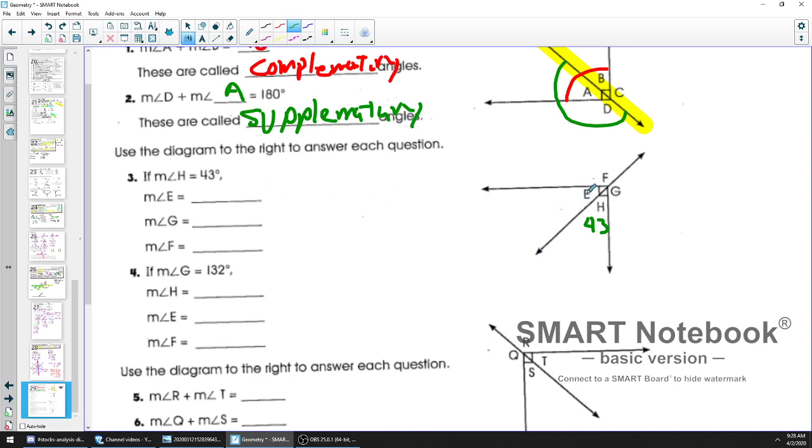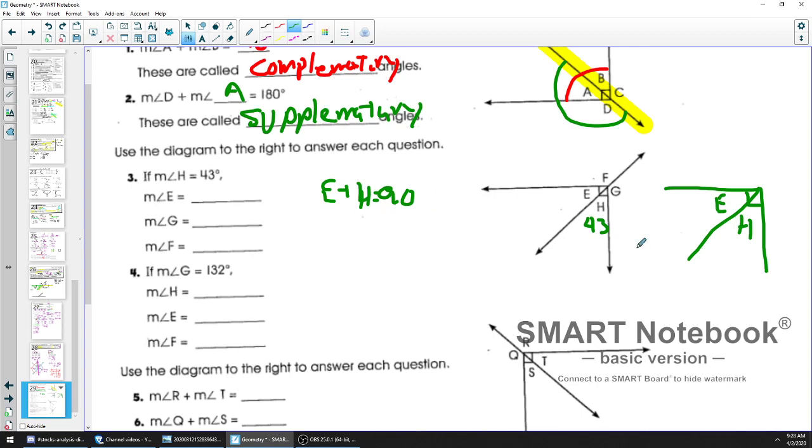If you said that E plus H equals 90, because you see this box right here, I'm going to draw it out for you again. E plus H equals 90. So, what do I know? E plus H equals 90. What is E?